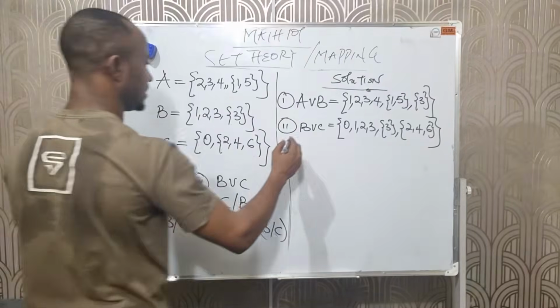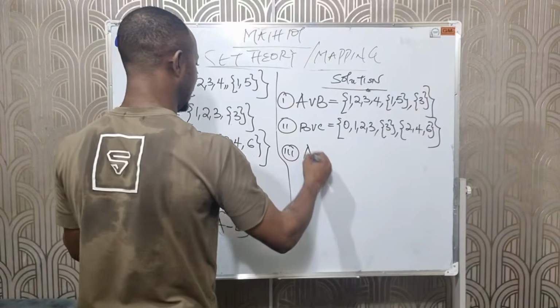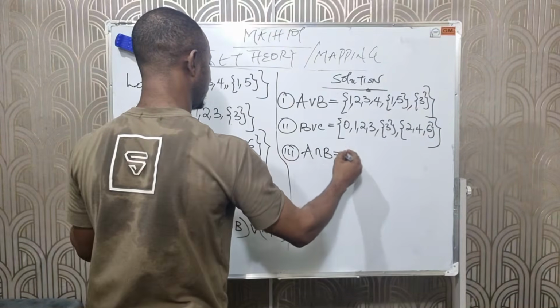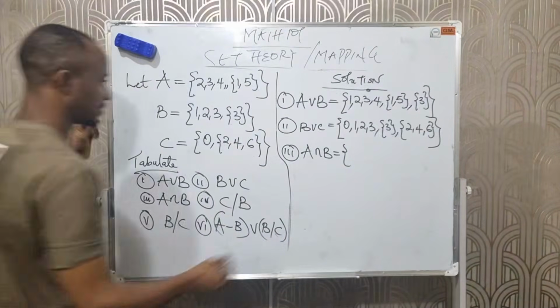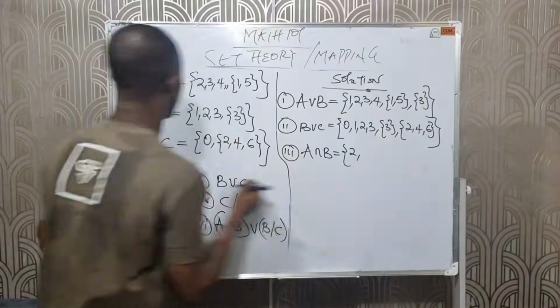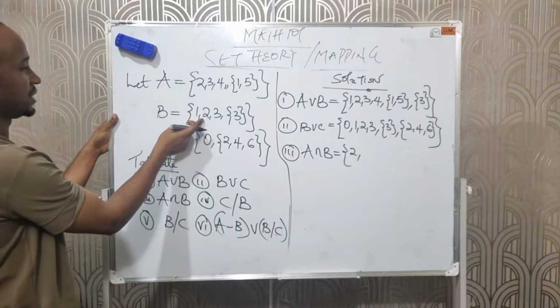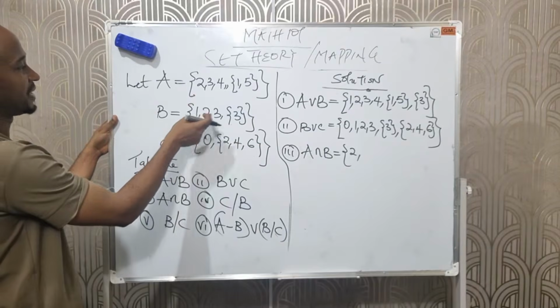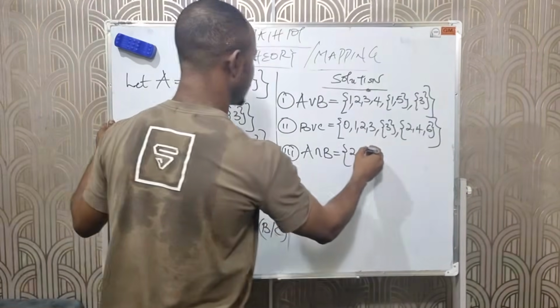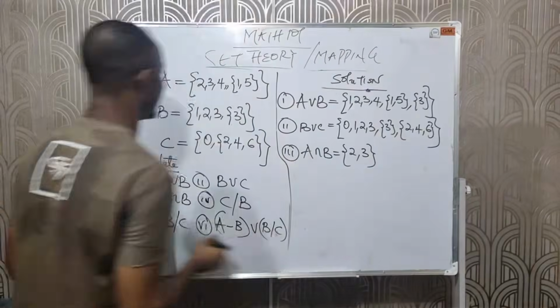The next one is number 3, which is A intersection B. Meaning between A and B, what is common? The first one is 2. We have 2 here, we have 2 here. We have 3 here, we have 3 here. What again is common?